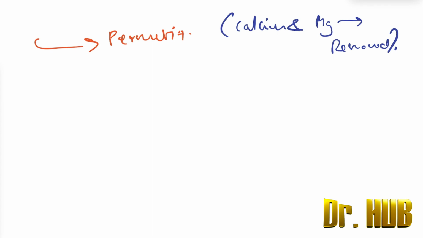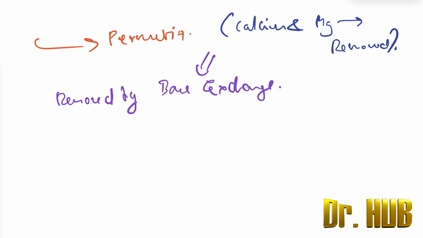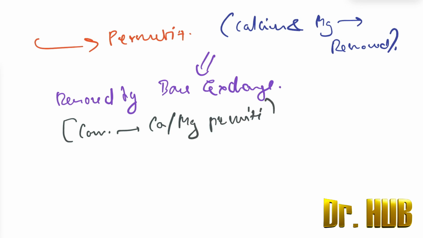They are removed by base exchange and converted into calcium and magnesium permutit.